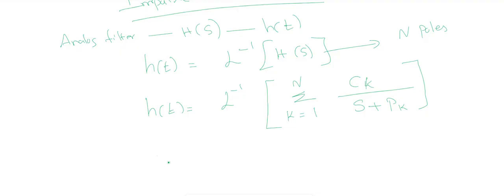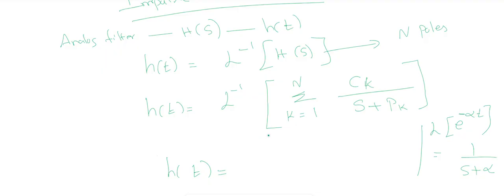Now you can write h of t. What is the Laplace transformation of e power minus alpha t? It is 1 by s plus alpha. So now take the inverse Laplace of 1 by s plus alpha.